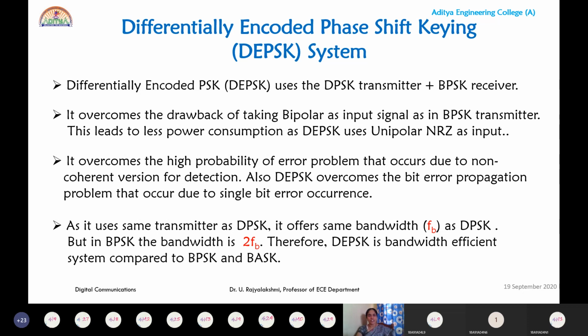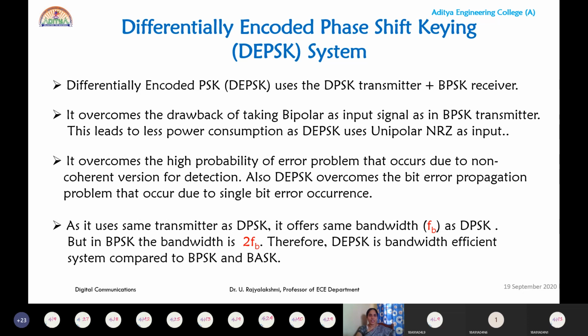That's why researchers introduced differential encoded PSK, which uses the DPSK transmitter section and a BPSK receiver. So differential encoded PSK is a combination of the DPSK transmitter and BPSK receiver to overcome the drawbacks of the BPSK transmitter and DPSK receiver. What are the drawbacks of the BPSK transmitter? High bandwidth necessity and high power consumption.